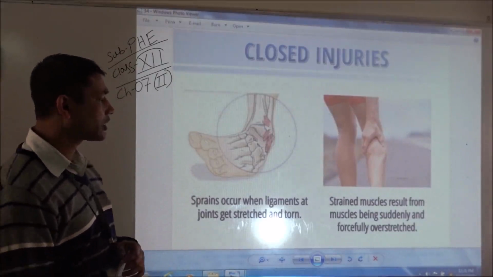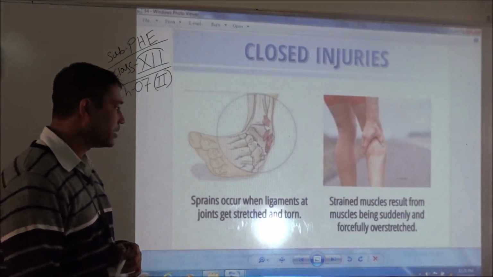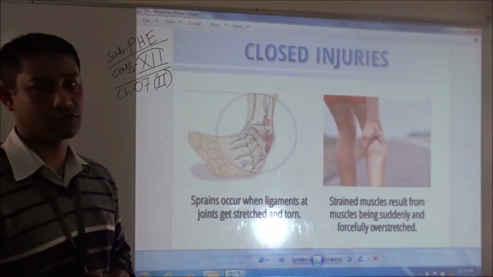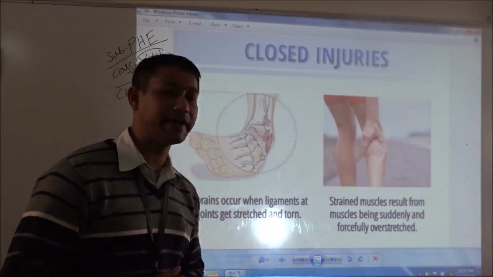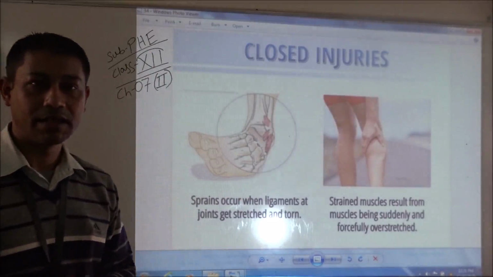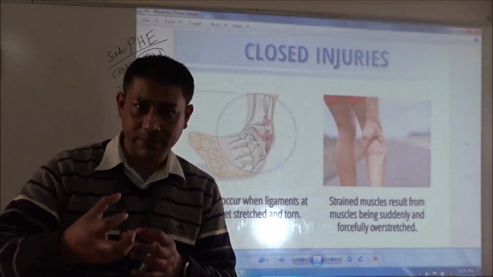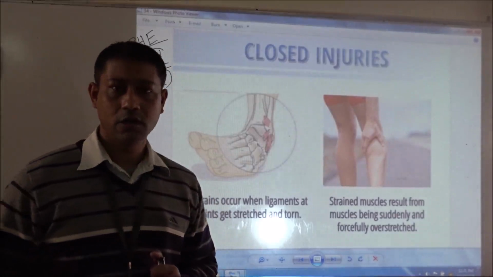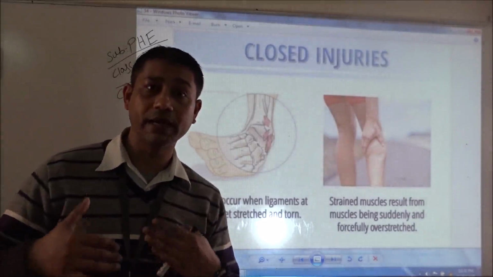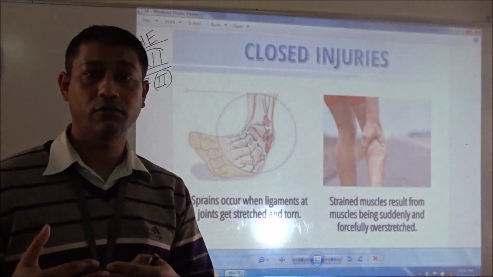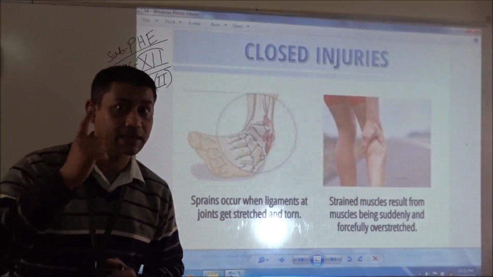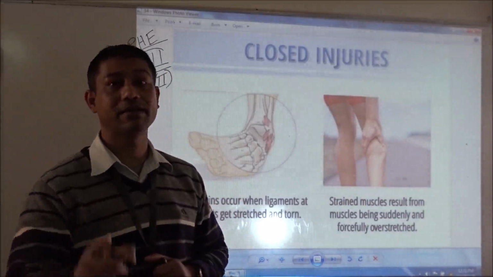Now, on the right hand side you can see the muscle has been strained, the calf muscle, students. You see the athlete is holding his calf muscle. It means the calf muscle has been strained, has been stretched. There is a muscle pull. Muscle pulls are not seen from outside, from our eyes, but the injury is taking place inside the muscles.